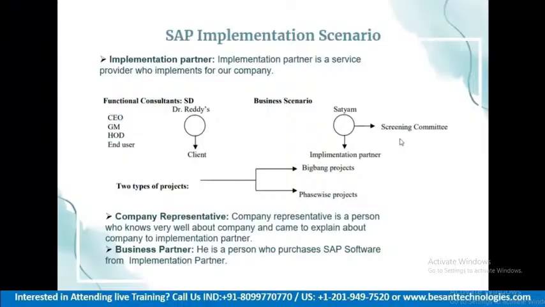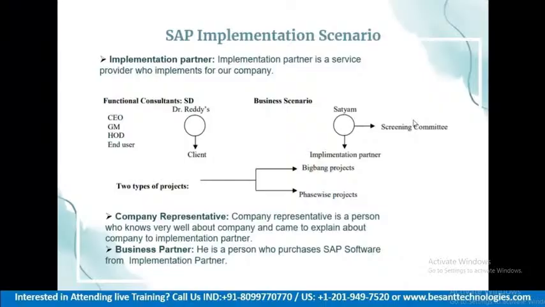This is called the channel partner network. They cannot buy SAP licenses directly from SAP. Somebody has to be in the middle. Those mediating partners are called channel partners or implementation partners. So we have to either buy licenses from the implementation partner or get that solution implemented.